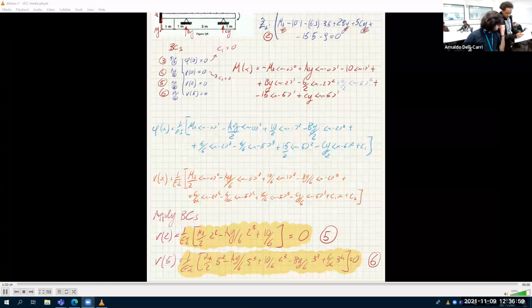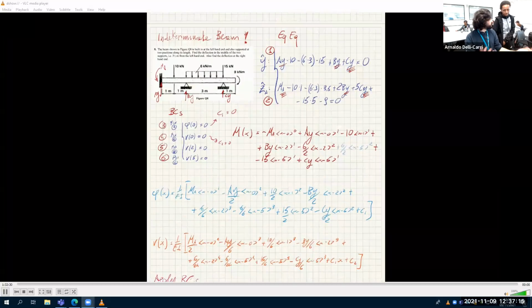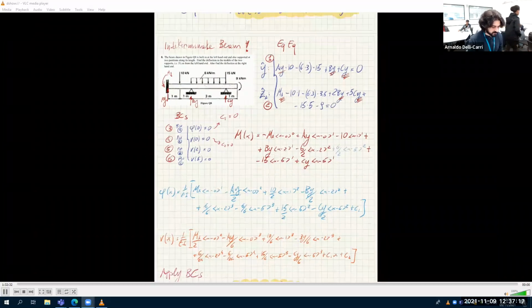Put 0 in C1. Here you put 0 in C2. And then why are you putting 2 and 5? Because you have 4 unknowns here and only 2 equations. So this equation and this equation, which give you these ones, with these two you can solve this, and this. You can solve the system for all 4 elements.